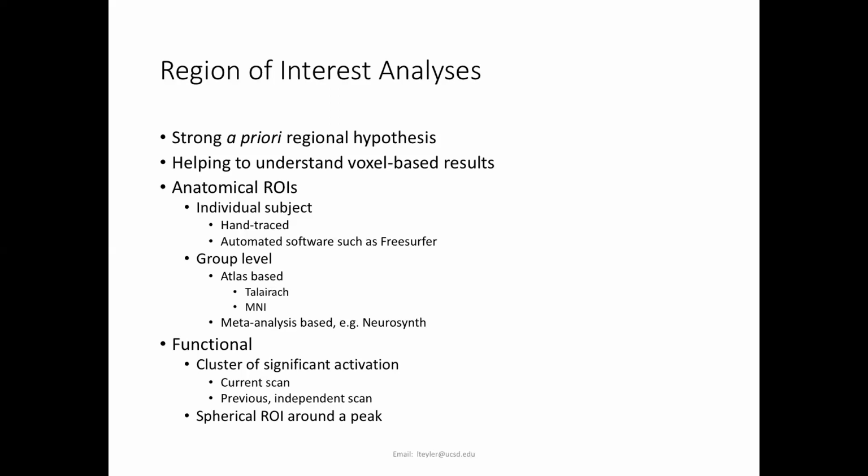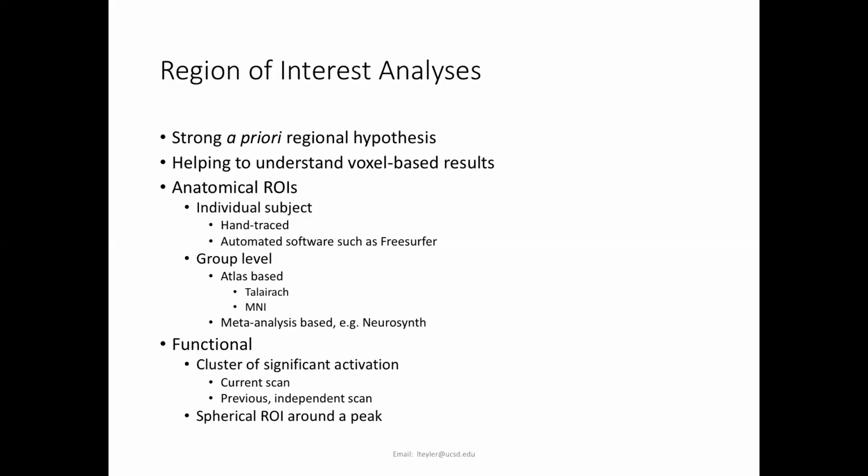There's different types of region of interest. One general class is anatomical ROIs, meaning regions that are defined based on the brain anatomy as opposed to the brain function. Those anatomical ROIs could be individual subject ROIs, meaning that in each person you identify a region either by hand tracing, say, the hippocampus, based on atlases and guidelines about where the hippocampus starts and stops and how to distinguish between the white and gray matter, and you may do some painstaking tracings of the hippocampus or the amygdala or something like that.